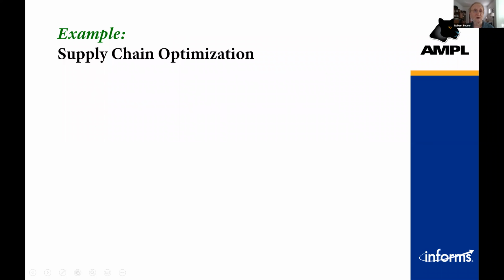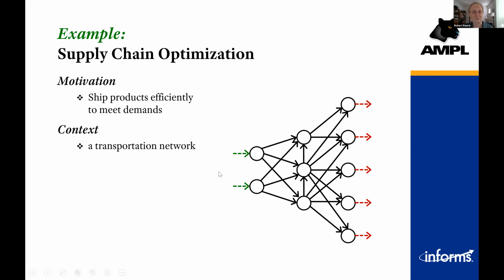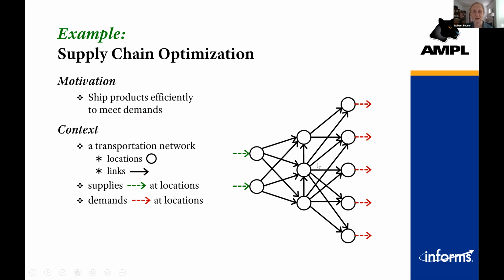So let's start with a simple example that I'll use to contrast them. And this is just an example where I want to ship products efficiently. And the context is I have a transportation network. Maybe it looks like that. And I have some various locations represented by circles and links, which are shipment links. And supplies come in at some places, demands at other places. And I have various capacities and costs.